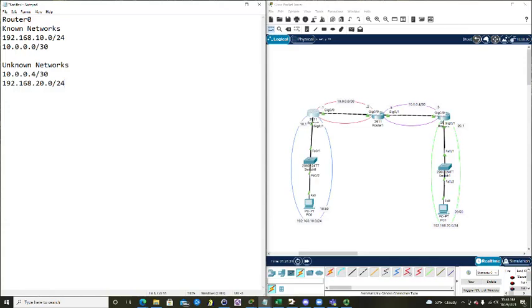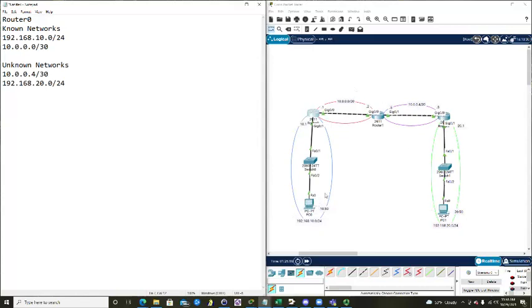I need to tell router 0 that both of these networks exist if I want PC0 to be able to ping any of these IP addresses. So the one thing to note that's very important though is this 10.0.0.4/30 network, that's an optional route. I don't actually have to write it in order to allow end-to-end connectivity, meaning that PC0 can ping PC1.